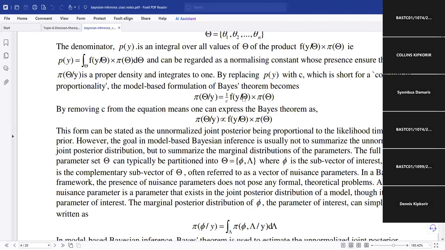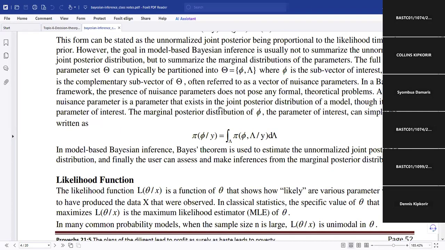So we are saying here, this is the parameter space that is being defined on this part here. A nuisance parameter is a parameter that exists in the joint distribution of the model, though it is not a parameter of interest.